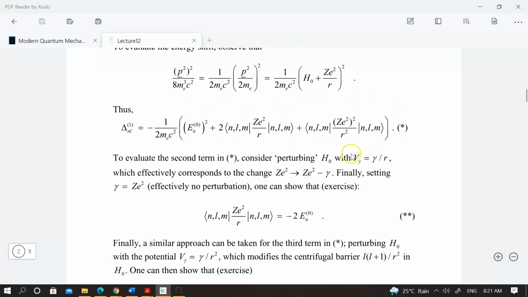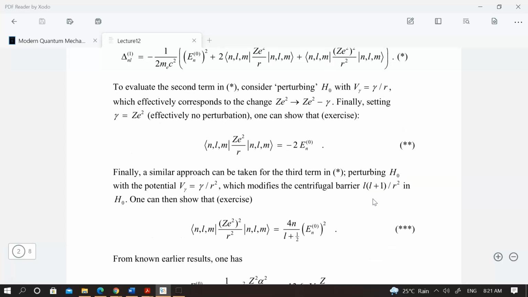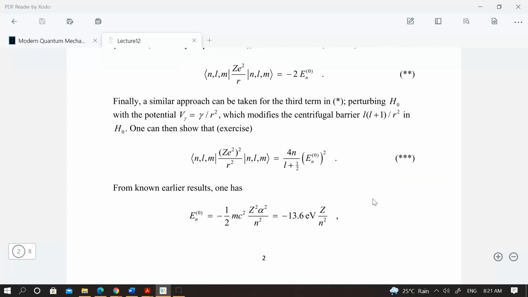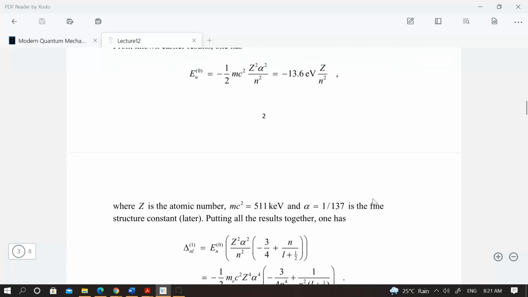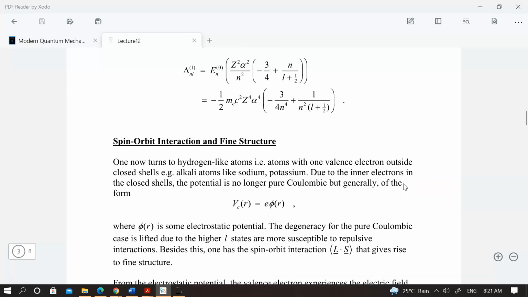And one obtains this particular energy shift. So today we're going to look at a different one, which is coming from spin orbit interactions.